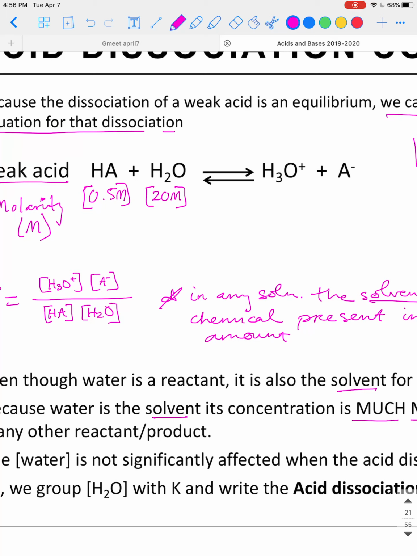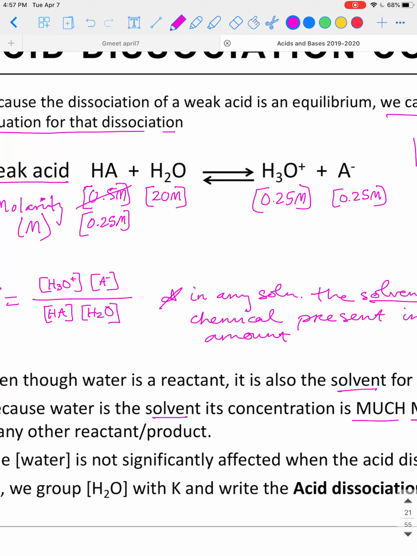Let's say around 50% dissociates, and we have half the concentration left. Then what we would end up with is 0.25 molar of this left over, and we would make 0.25 molar of these products.